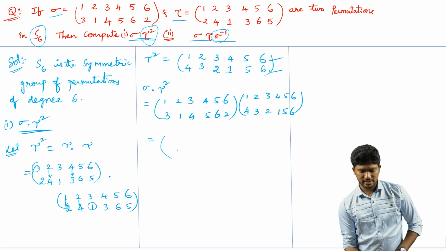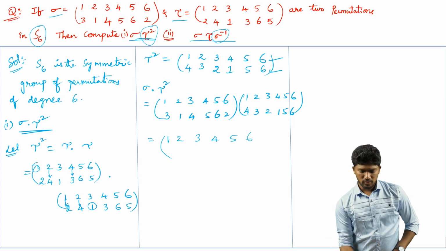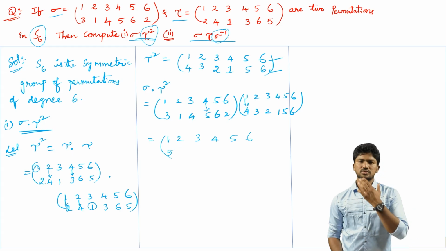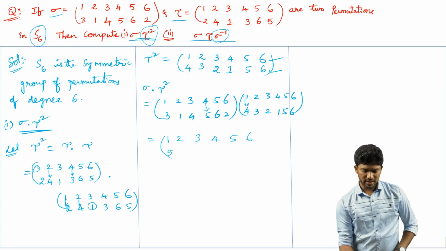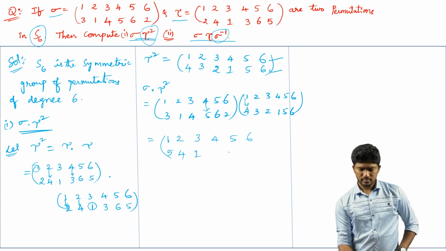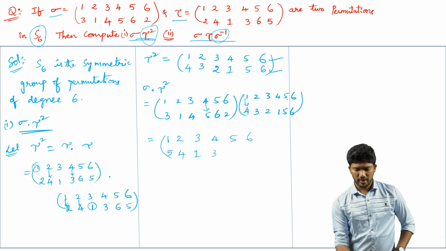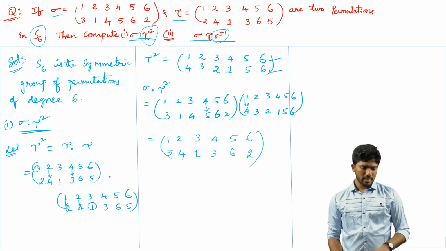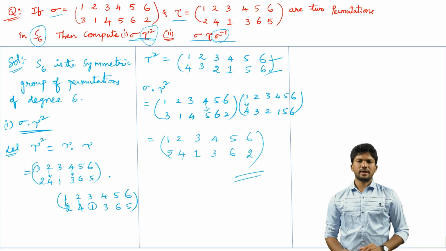The first row you write as it is, trivially: 1, 2, 3, 4, 5, 6. Now images: 1 to 4 and 4 to 5, therefore 1 goes to 5. Next, 2 to 3, 3 to 4, so 2 to 4. 3 to 2, 2 to 1, so 3 to 1. 4 to 1, 1 to 3, so 4 to 3. 5 to 5, 5 to 6, so 5 to 6. 6 to 6, 6 to 2, so 6 to 2. This is the final value of sigma into tau square.